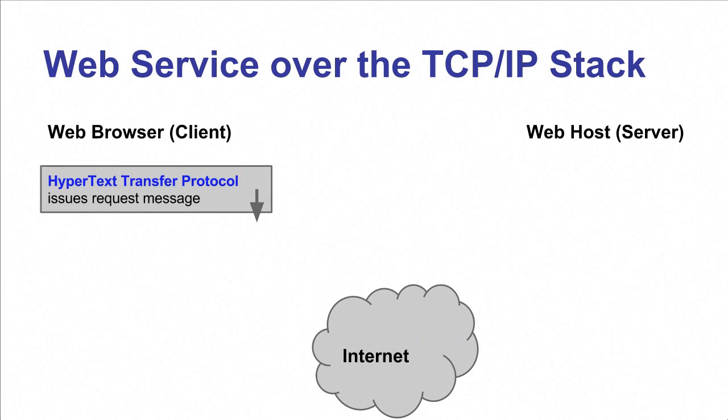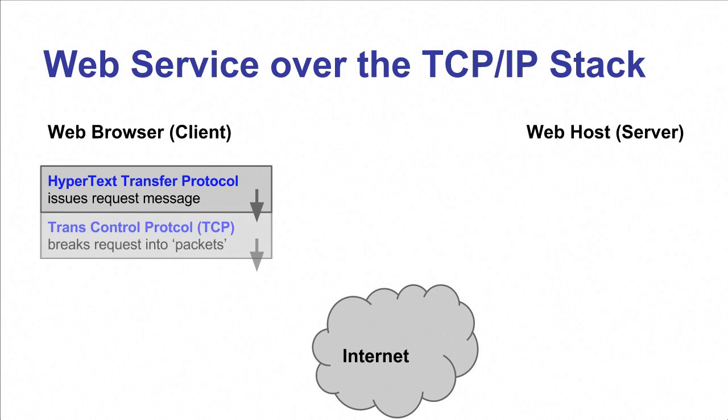The browser uses Hypertext Transfer Protocol, or HTTP, to form a request for the page. Transmission Control Protocol, which is built into the operating system, breaks the request into smaller chunks called packets. Each packet is numbered for reassembly at the destination.